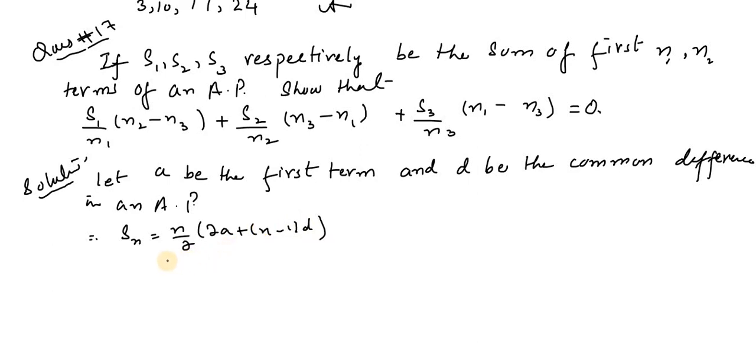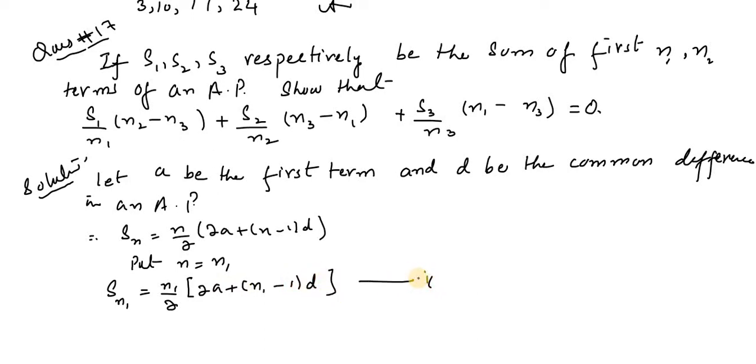Here in the question, S1 is the sum of the first n1 terms, so n is equal to n1. So S1 is equal to n1 upon 2 times (2a plus (n1 minus 1) D). This we say equation number 1.